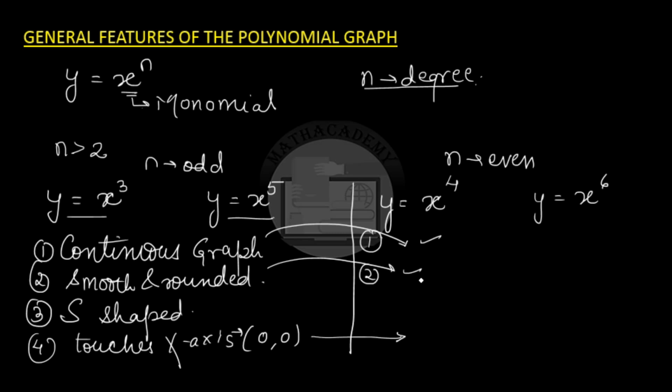These three properties are the same for the basic polynomial graph y is equal to x to the power n when n is greater than 2, whether it is odd or even. But the only difference is that when n becomes even, the shape of the graph changes to a U. It's a U-shaped graph.